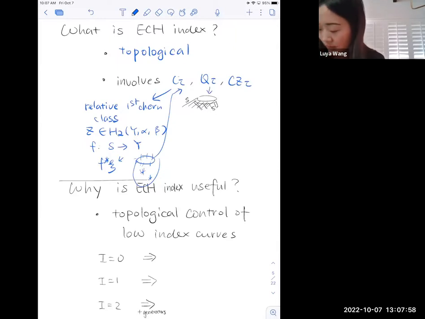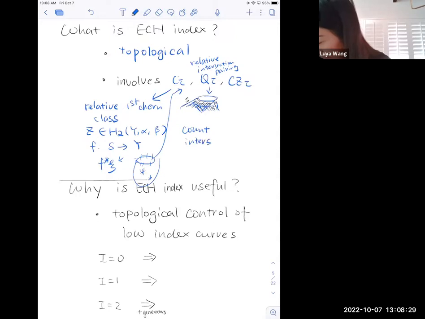And Q_tau is the relative intersection pairing. Similarly, you pick specially chosen representatives of your second homology classes, and these are embedded near the boundary, and you count intersections inside, let me say interior, of S with S prime.